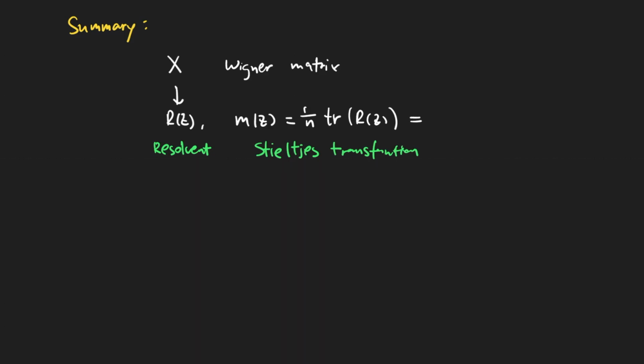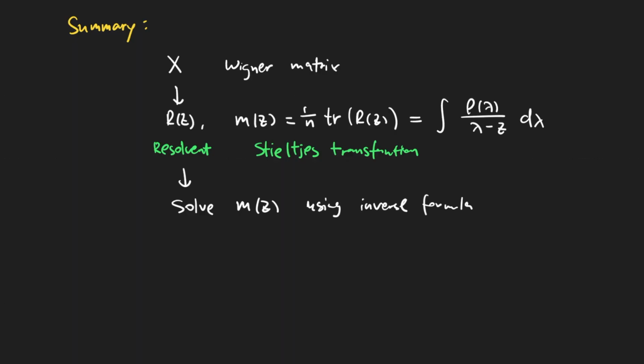It can also be represented as an integral of rho lambda over lambda minus z, d lambda. The key step in this derivation is that we are able to solve for m of z using the inverse formula, where we use the Schur complement.